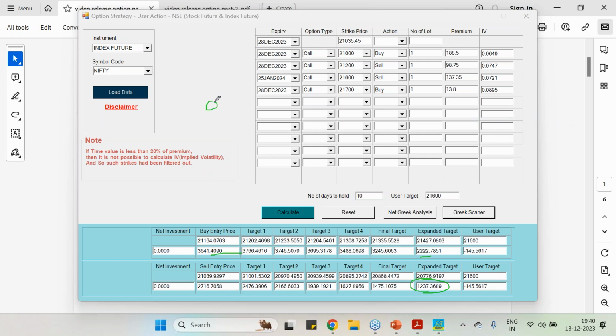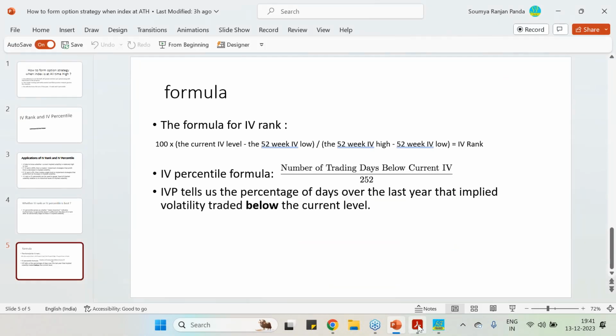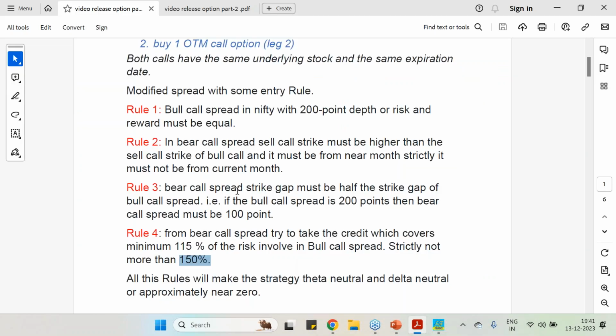You made theta 30 paisa, you made delta almost 0.009, very low, almost zero. For that process only we are making these rules.